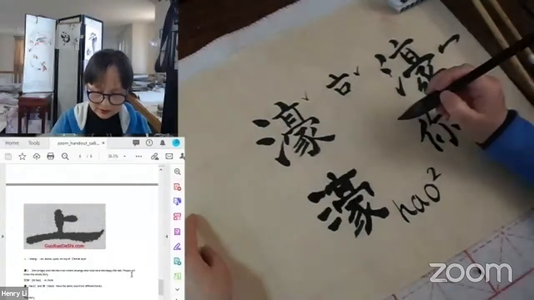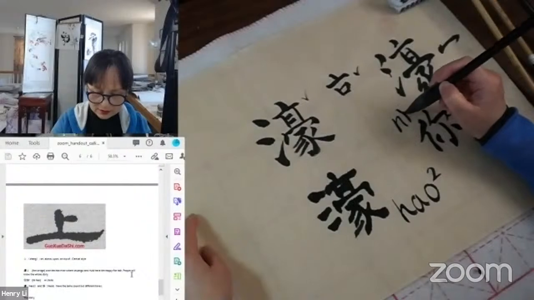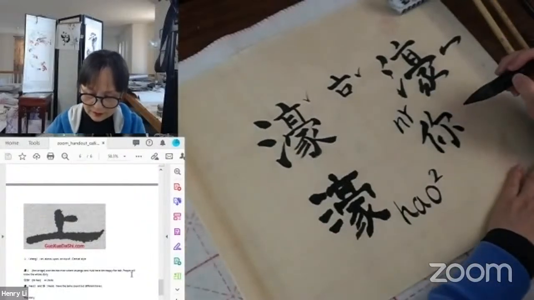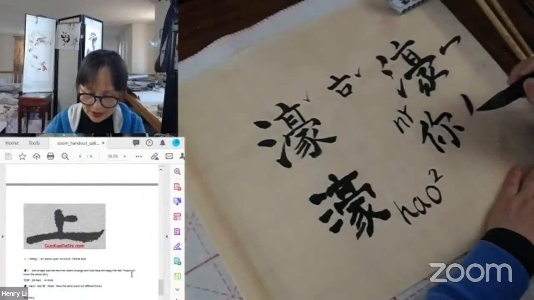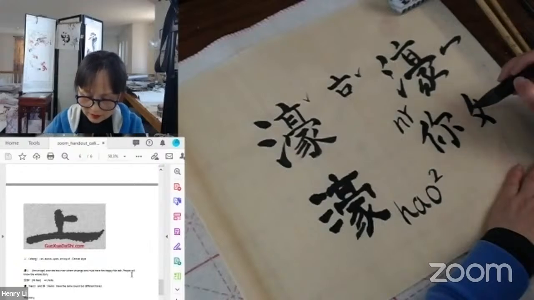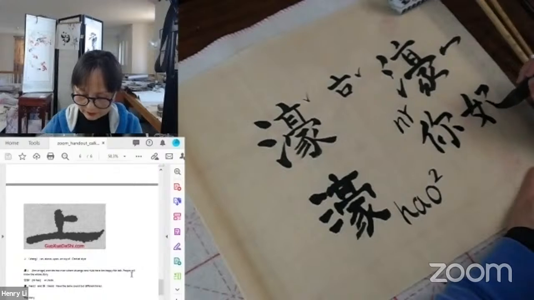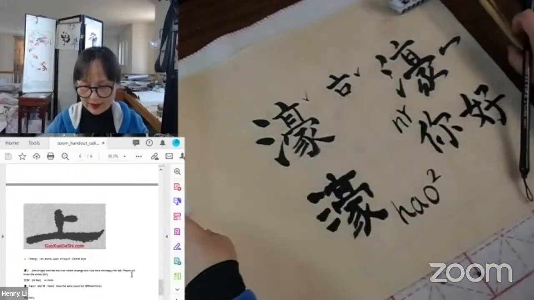This radical, see, is female, and the son. This means good, well, right?